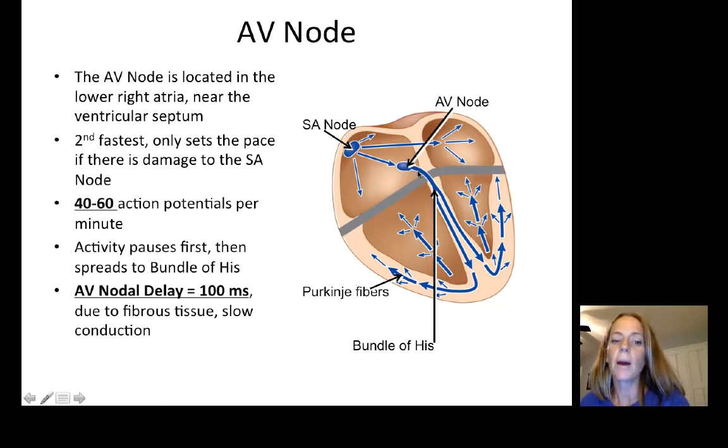Then there will be a pause because of the density of connective tissue where the valves are between the atria and the ventricles. And then through the septum, you're going to have what we call the AV node delay. It's about a 100 millisecond delay for the activity to spread from the AV node to the bundle of His.